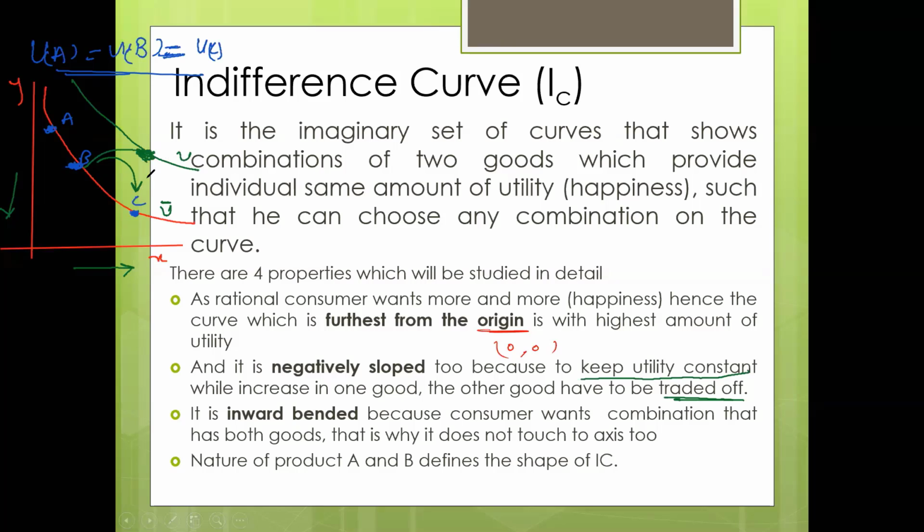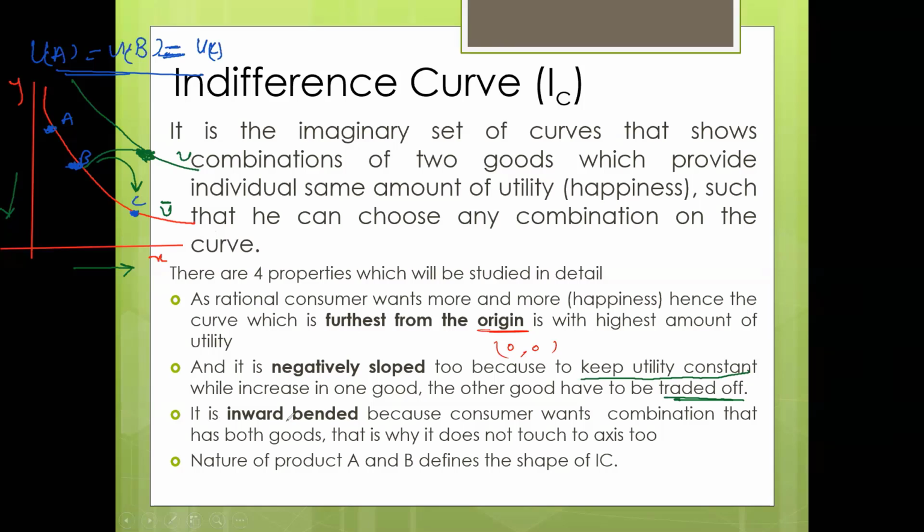He likes to go to a higher indifference curve, but while defining an indifference curve, the utility is not changing. So it is negatively sloped: if he is increasing one, he has to decrease the other. There's a trade-off.